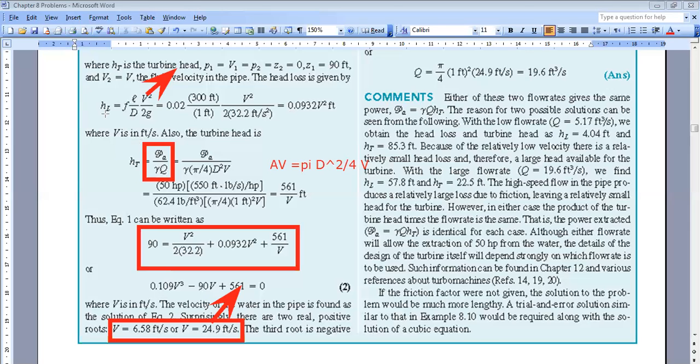So when I have high V, I will have a higher Q, which is good for me, but also higher losses, higher HL, which will reduce the possible value of HT I can get.